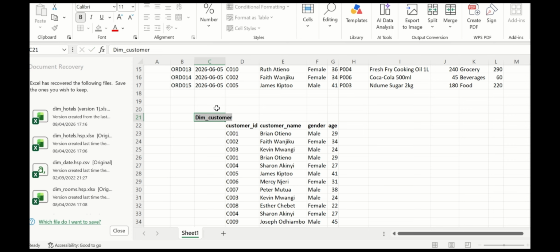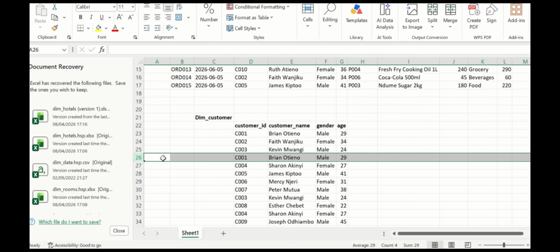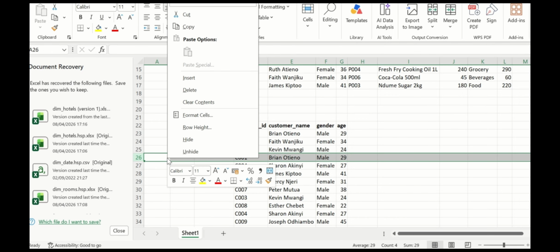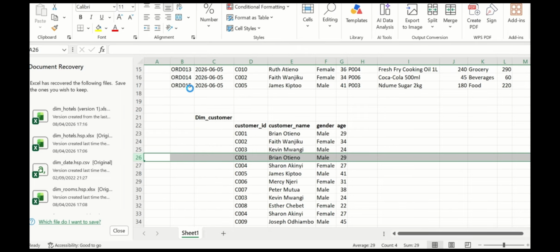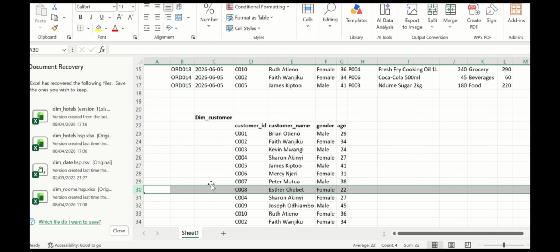So this table will only contain the unique customers. That means we'll have to remove some of the duplicated customers here. Like this one, this is a duplicated customer, so we'll have to simply remove it. Another one, 3 here, so let's remove it.